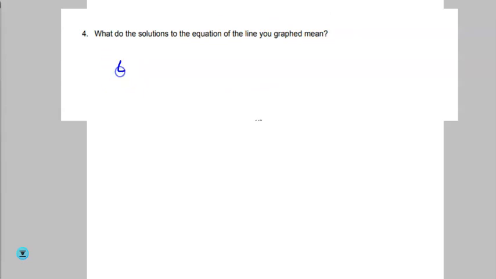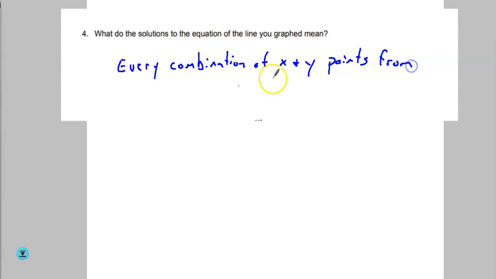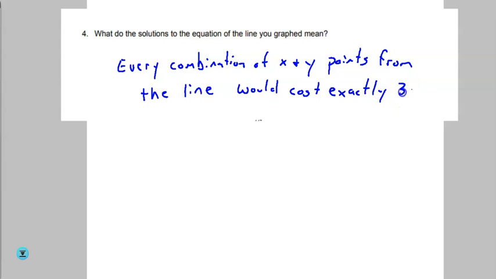So that is every combination of x and y, right, the points from the line would cost exactly $3,000.